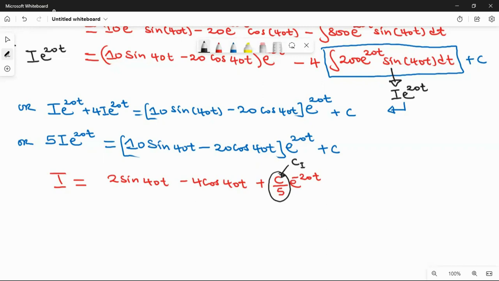So this is the general solution. So therefore, we now have I is equal to 2 sine 40t minus 4 cosine of 40t plus a constant C1 exponential negative 20t.